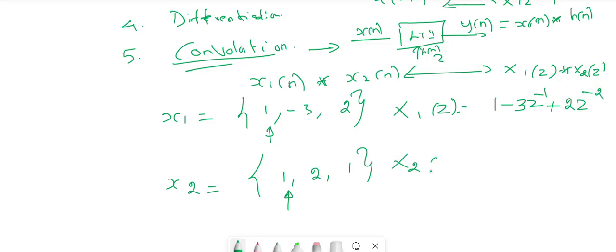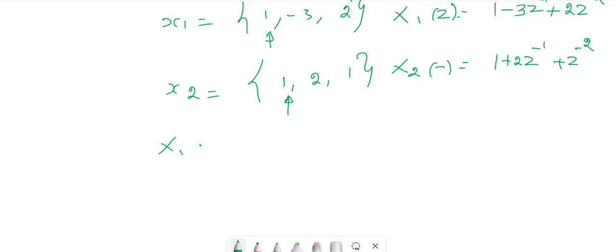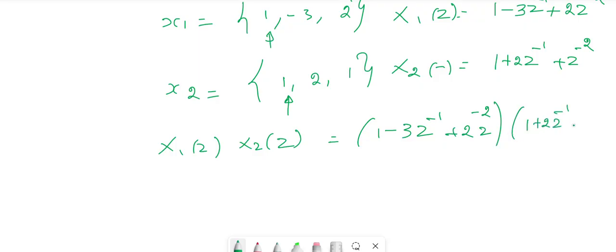Similarly, x2 of z is 1 plus 2 z inverse plus z minus 2. To perform the convolution, x1 of z into x2 of z is 1 minus 3 z inverse plus 2 z minus 2 into 1 plus 2 z inverse plus z minus 2. Multiply and simplify the equation, then you can take the inverse Z transform to get x of n.